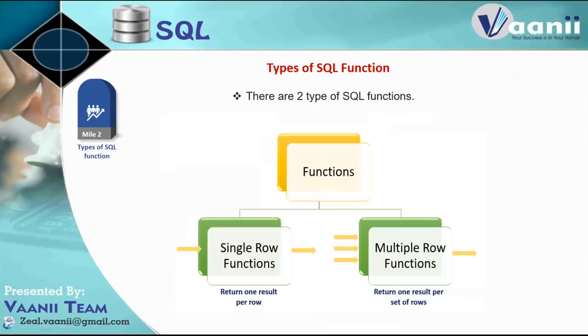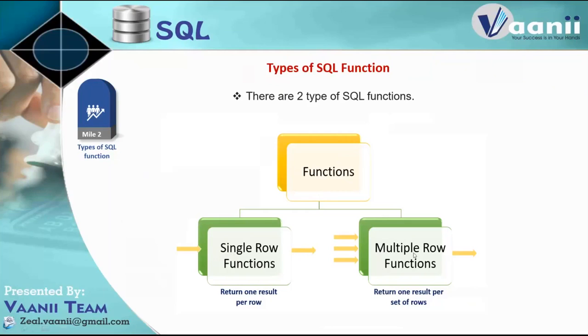If we apply a single row function on n number of rows, we will get n number of rows as output. The column on which we apply the single row function will be formatted, modified, or calculated, but it will not reduce the number of input records. Input and output have an equal number of records.